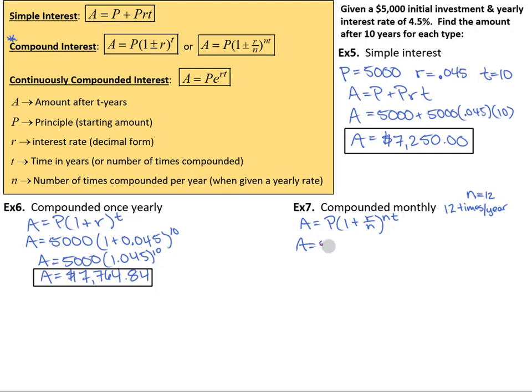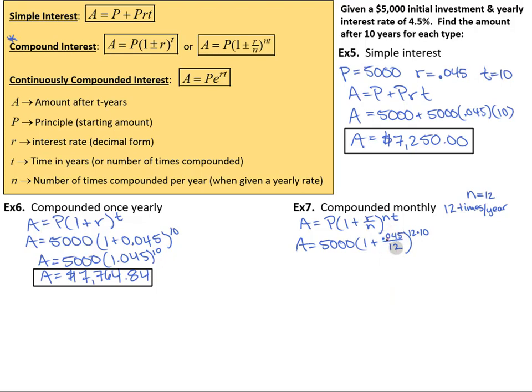My principal, our starting amount, is 5,000. 1 plus, now my interest rate is 0.045 over n. And because it's compounded monthly, n is 12. And then up here in my exponent, we're going to have n times t. So 12 times t, which was 10 years. So our exponent ends up being 120 there.